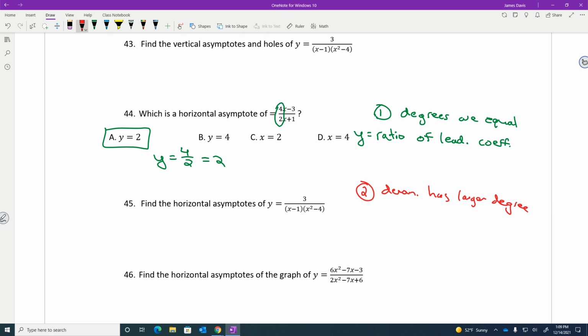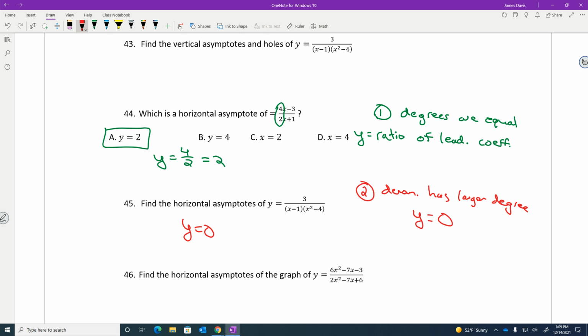We don't even know what that one is. The bigger power's on the bottom. You're close. It's 0, so it's y equals 0. Always going to be y equals 0. That would be the case with this one, because we have x times x squared, gives you x cubed, and on the top there's nothing.